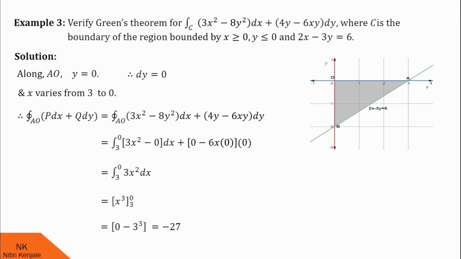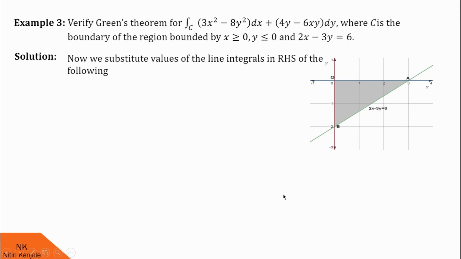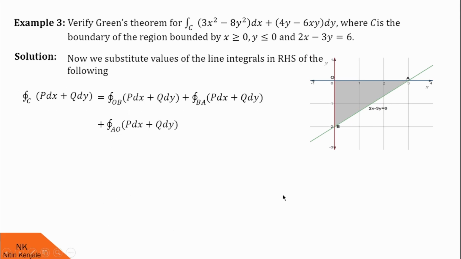Now we substitute values of line integral along OB, BA and AO in equation number 1. So we get value of this line integral is 8 minus 1 minus 27, which is minus 20, which is exactly similar to the RHS of equation number 1.